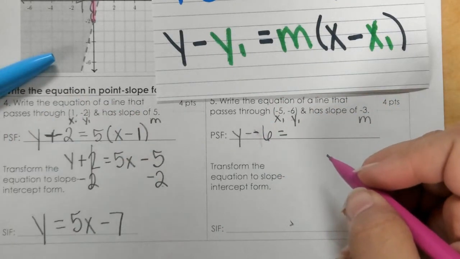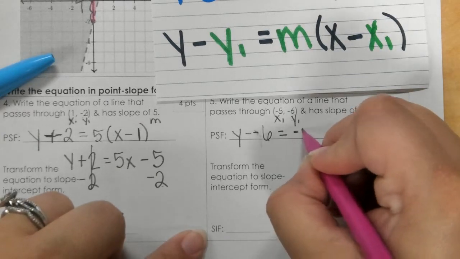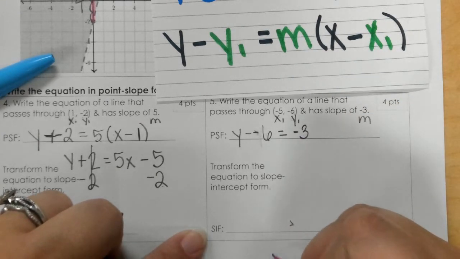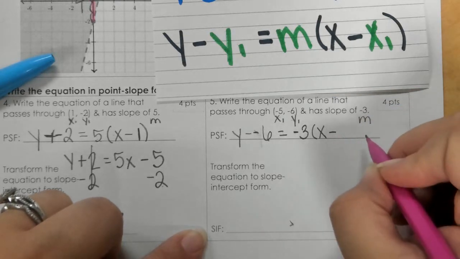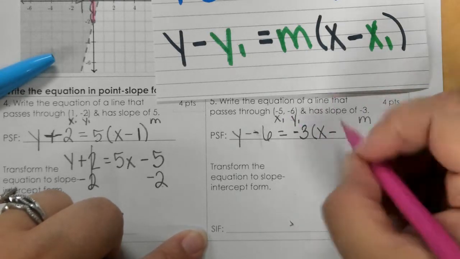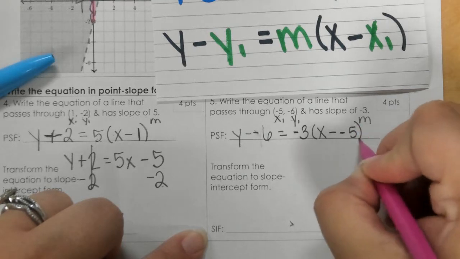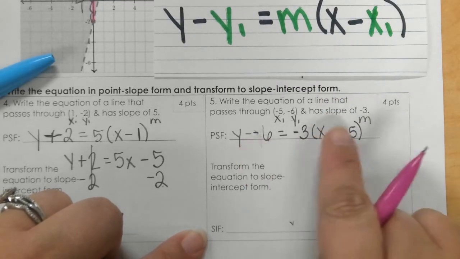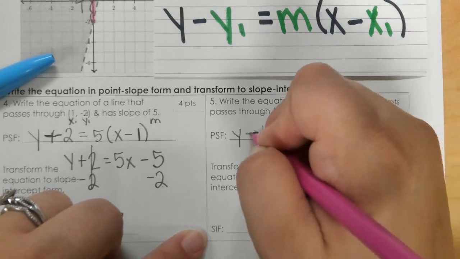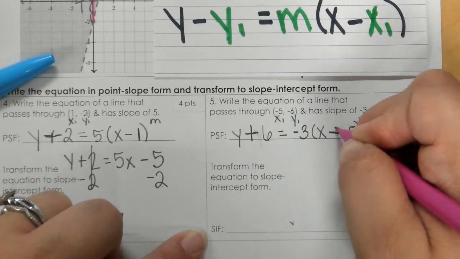M is -3. And then we have x minus x1. x1 is negative 5. Okay, we have lots of double negatives, so we need to go ahead and change all that to a plus and all of this to a plus.